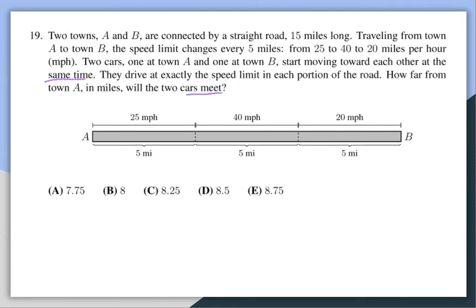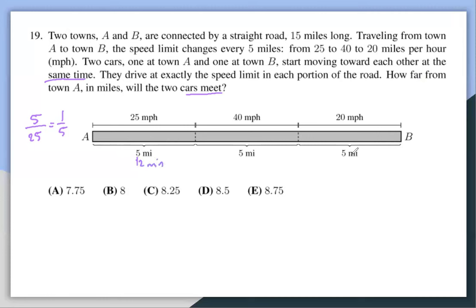Okay. So first thing, if I want to start from here to see how long it's going to take to get to this point, 5 is the distance. If I take the 5 and divide by 25, because that's my speed, that will take 1/5 hours, which is 12 minutes, right?